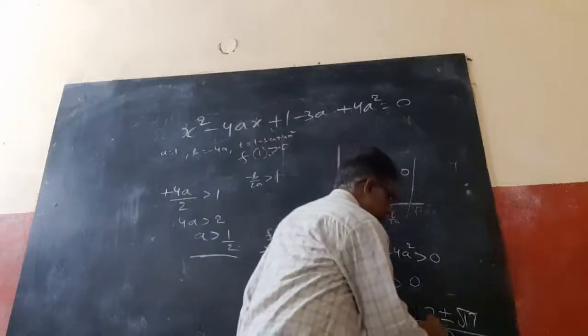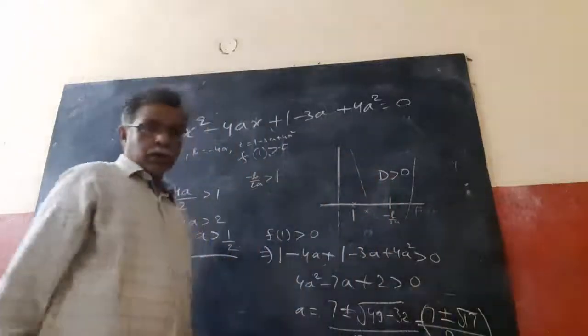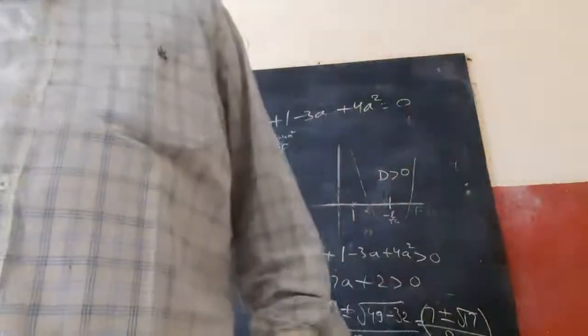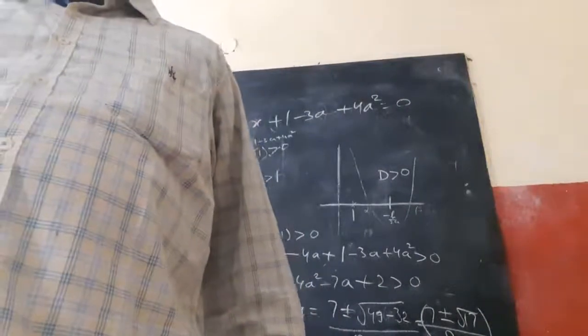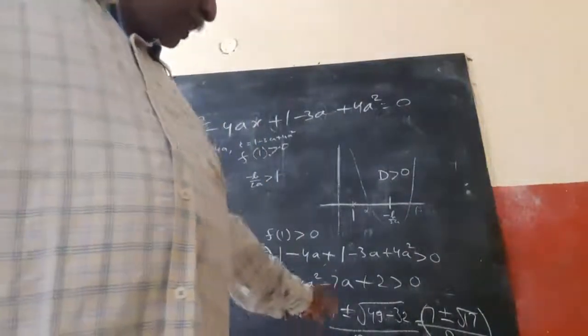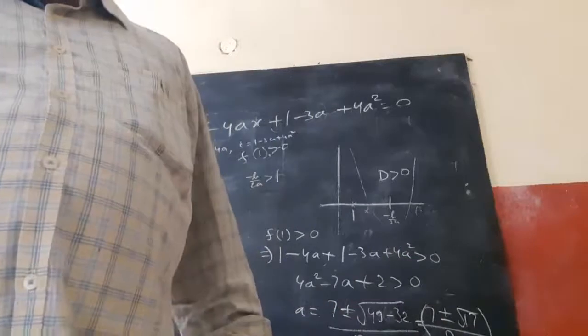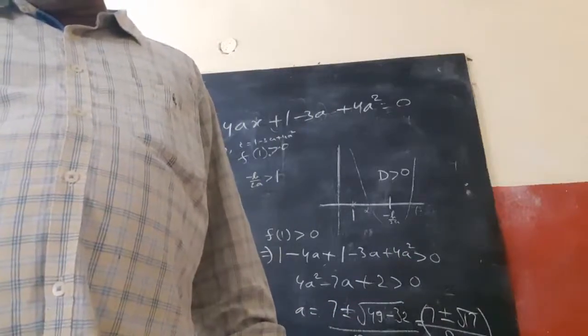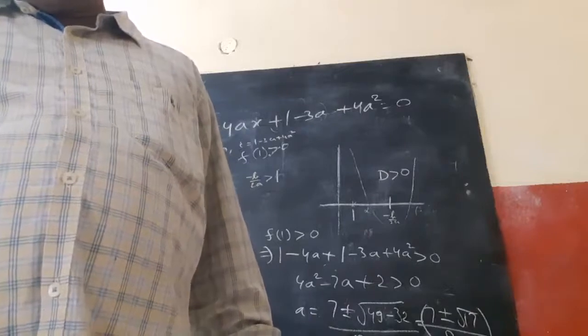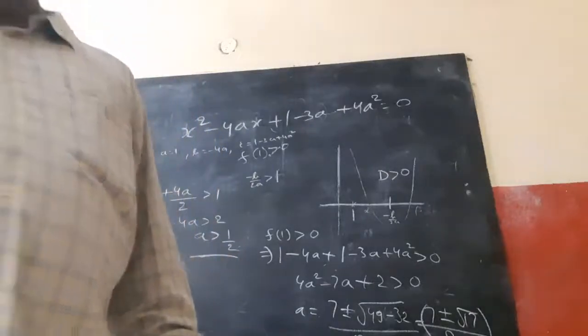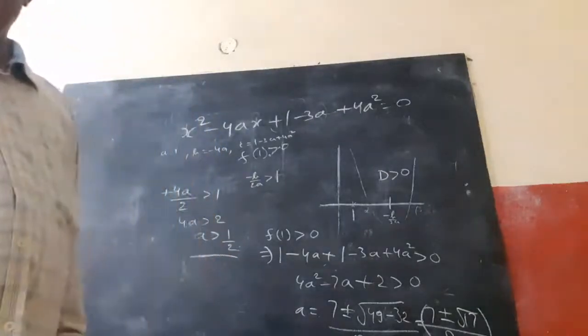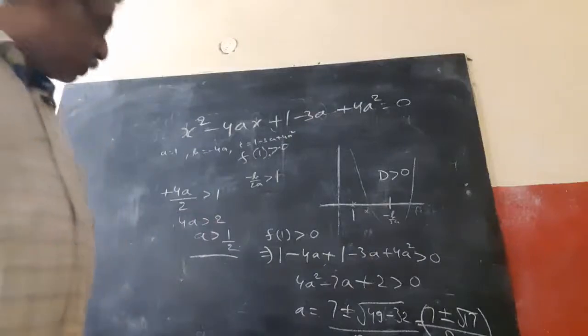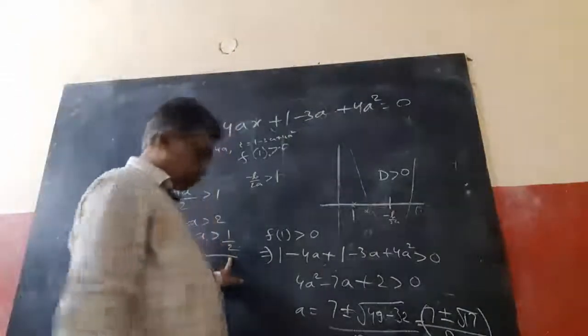By 8. So if you observe the options, the options are: minus infinity to 7 minus root 17 by 8 and 7 plus root 17 by 8 to infinity; 7 minus root 17 by 8 to 1 by 2; 1 by 2 to 7 plus root 17 by 8; and 7 plus root 17 by 8 to 1 by 2. This is more than 1 by 2.